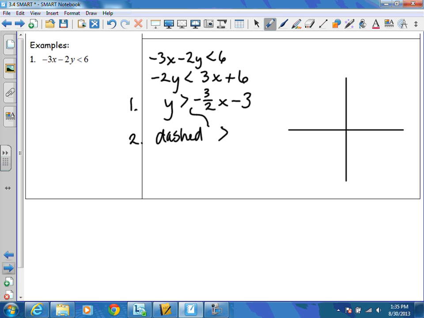Because you have a greater than sign, right? So it's going to be dashed. Step number 3, we're going to shade above or below. We're going to shade above. Why? Because you have a greater than sign. Okay, and when you're greater, you're above. So you need to have those 3 things in mind as we go make the graph.